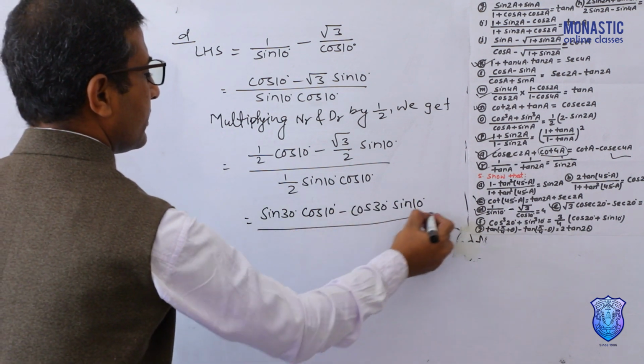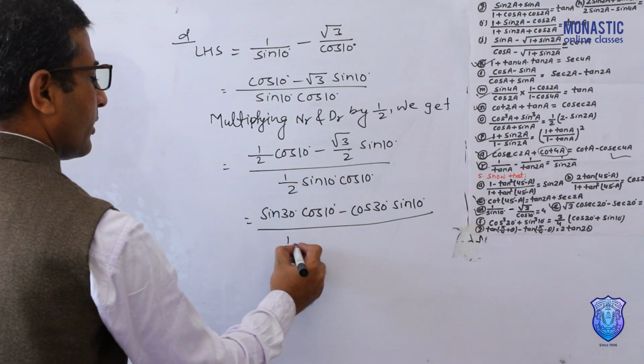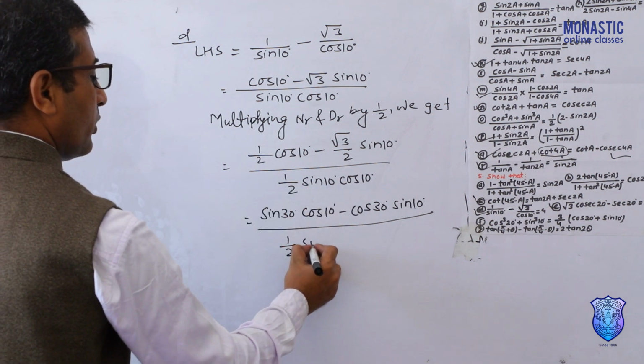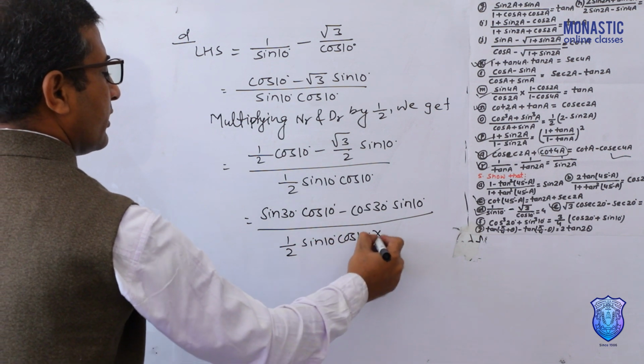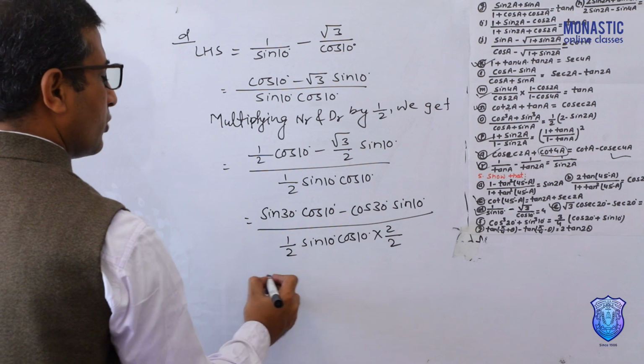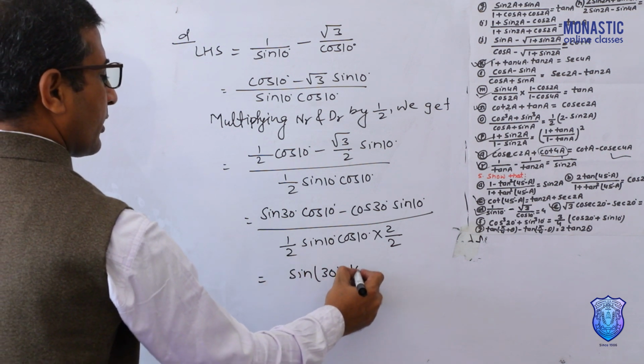Now you can see this in the form of sin of A minus B. Here we have sin A cos A only; if we have 2, it will be the formula. So multiplied by 2.